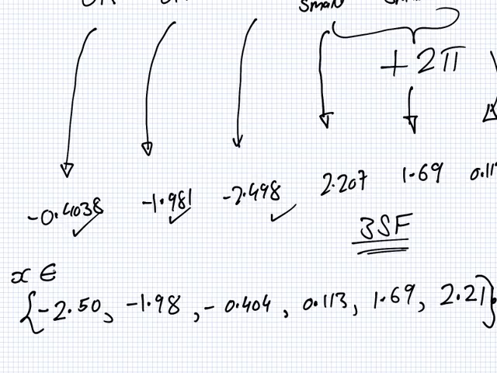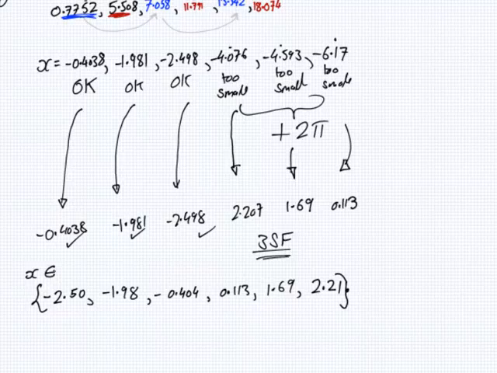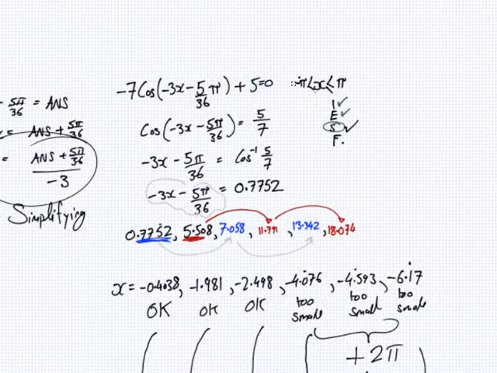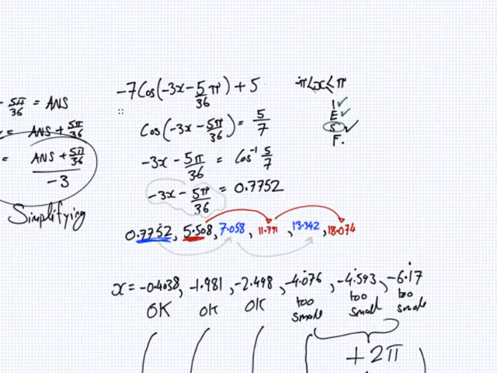Guys, what's wrong? Are you sure? These are the 6 answers. Now let me check that these are right. What I'll do is I'll make the graph. Guys, listen to me. What I'm going to do is cut this out here and make the graph of this.